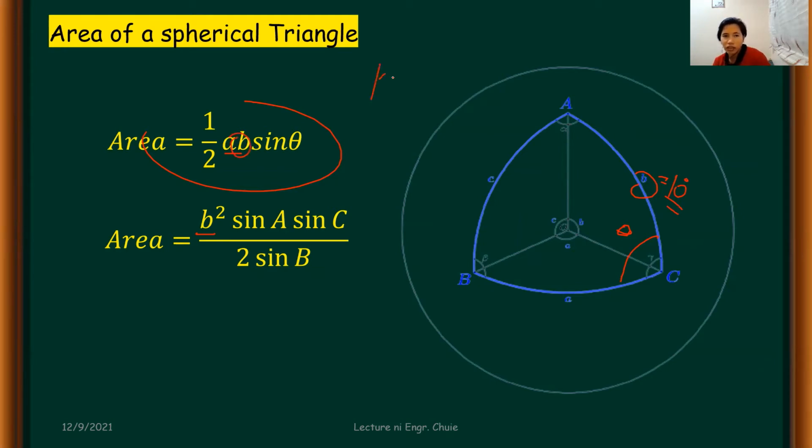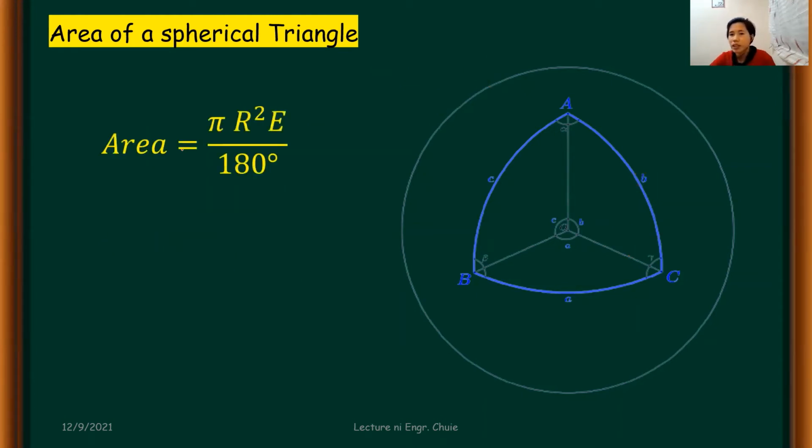You must convert 10 degrees into meters, feet, or another metric unit. I am going to give you the conversion unit for that later. The same is true with this area formula, b squared sine A sine C over 2 sine B. These are the included angles, but b here should be in meters, feet, or nautical miles. Okay?